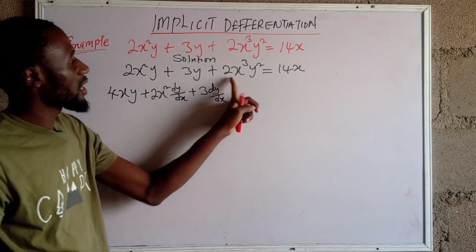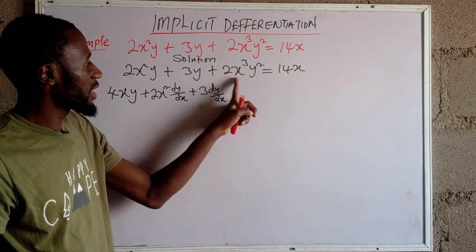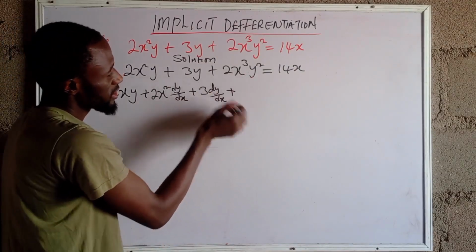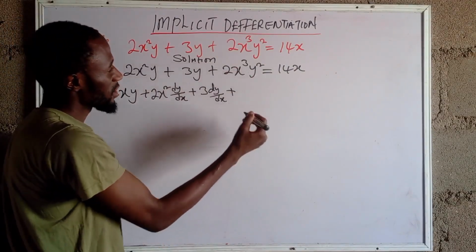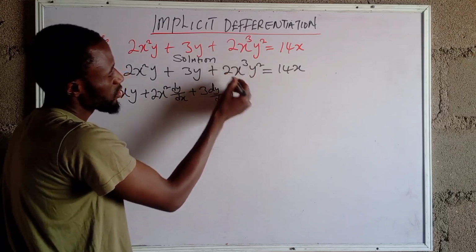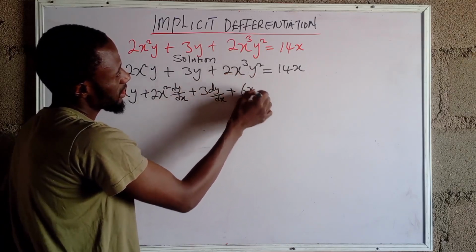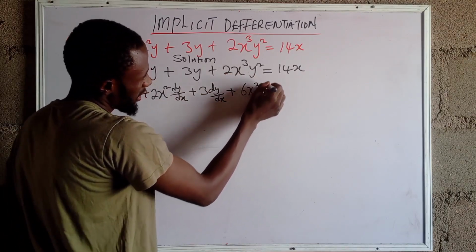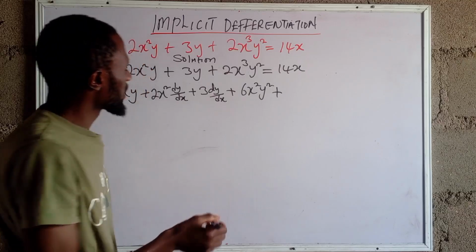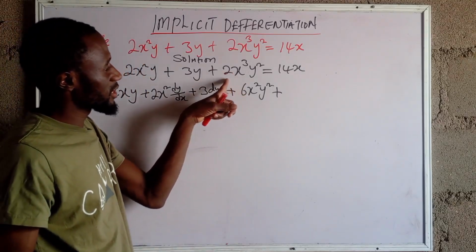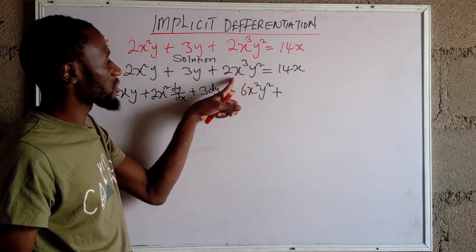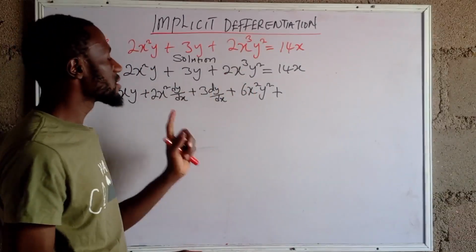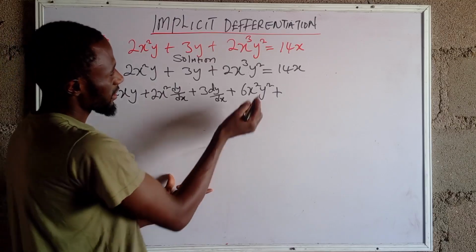Then in the next case, now we have 2x cubed y squared. You can differentiate with respect to x before the y. You have 3 times 2, we have 6x squared y squared plus. The next thing to do, we are going to keep 2x cubed constant and differentiate y. In this case, there is something to consider here.